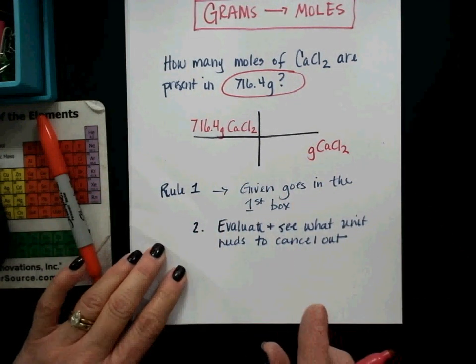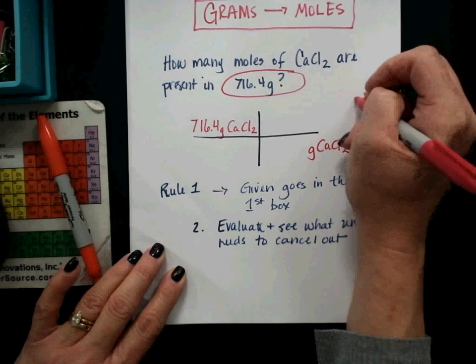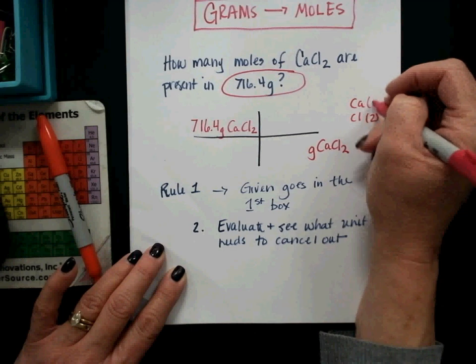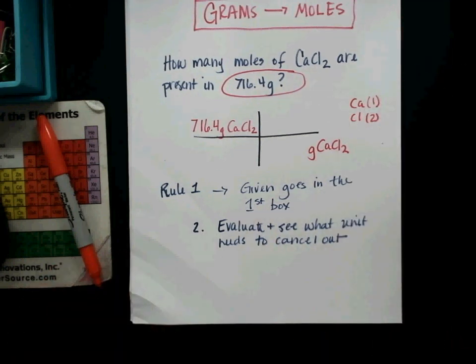So let's take a minute and calculate my molar mass. I've got calcium, and you guys can do this, and chlorine. I've got 2 of those, and I've got 1 of these. So you guys figure out the molar mass for me. When you've got it, stand up.